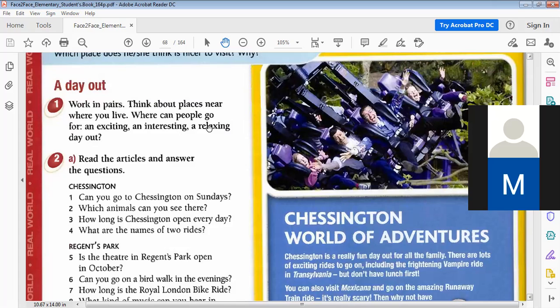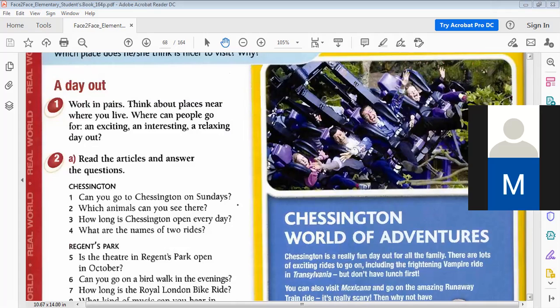So all of you go together for an interesting day out. Where do you go usually, or what do you prefer? Do you prefer, for example, an interesting place or relaxing or exciting? What do you and your family like, Manal?